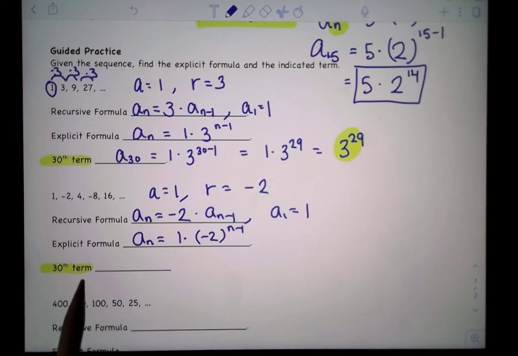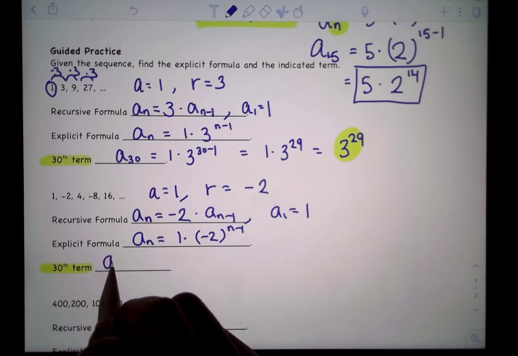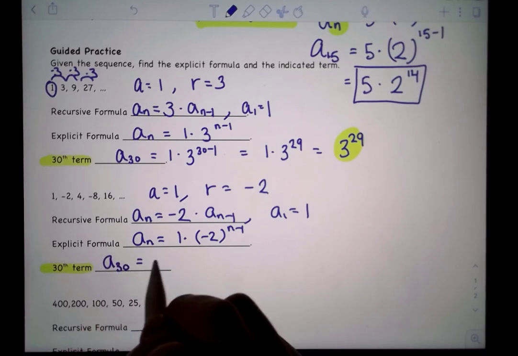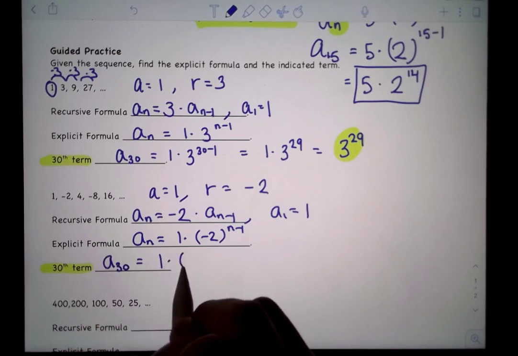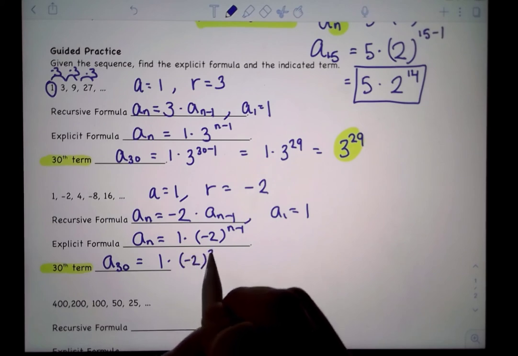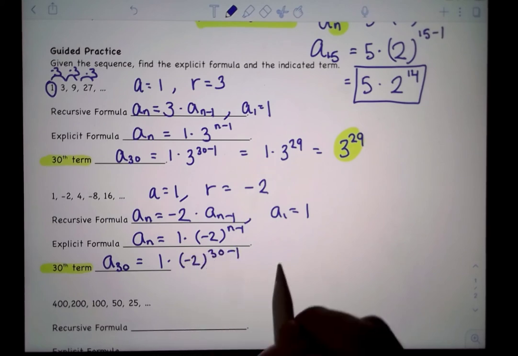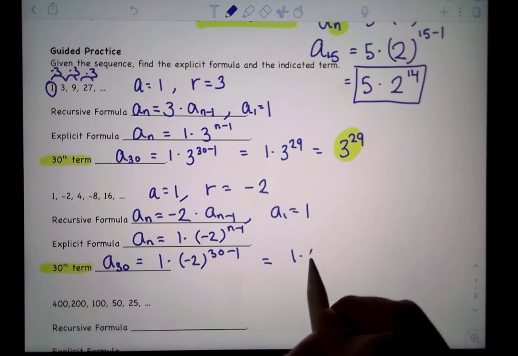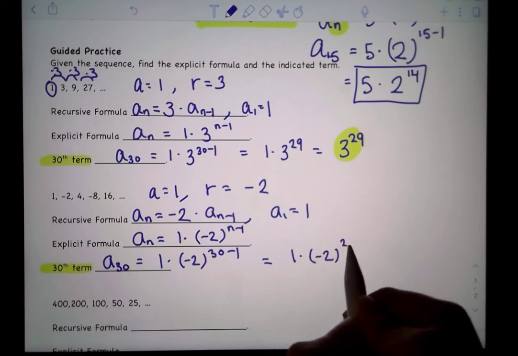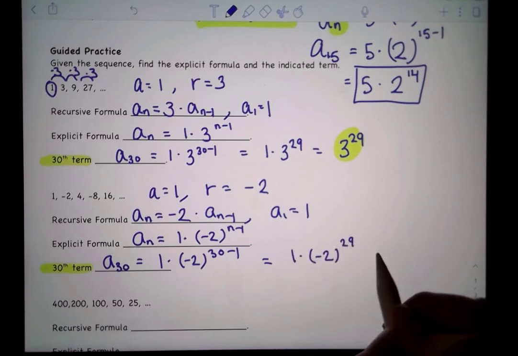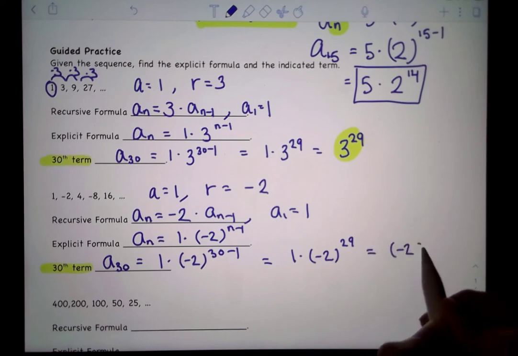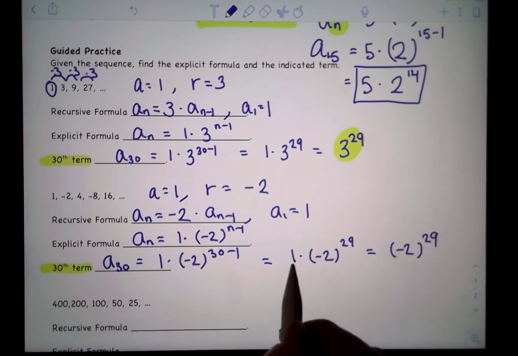And 30 is the term. So we get a30 again. Then you do 1 times negative 2 to the 30 minus 1, right? So 1 times negative 2 to the 29, right? So it will be negative 2 to the 29, because 1 is like nothing.